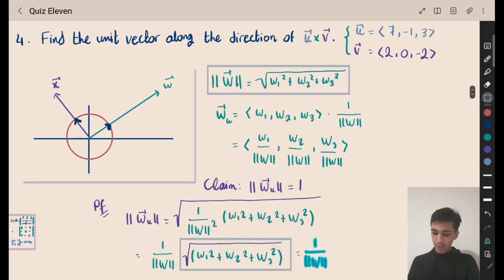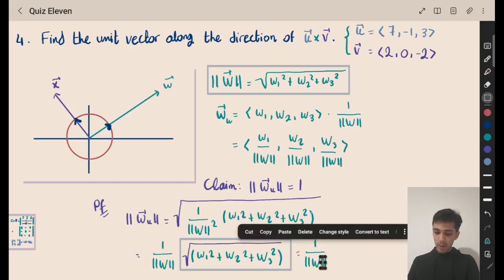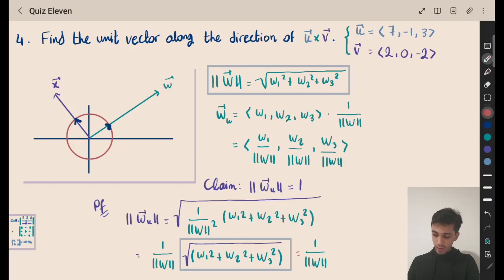So by dividing by the norm, I've effectively said, okay, I'll just divide by the norm so that when I multiply by the norm, I get 1 because they'll cancel out. Now, this red part is referring to the equivalence between this thing and that thing.